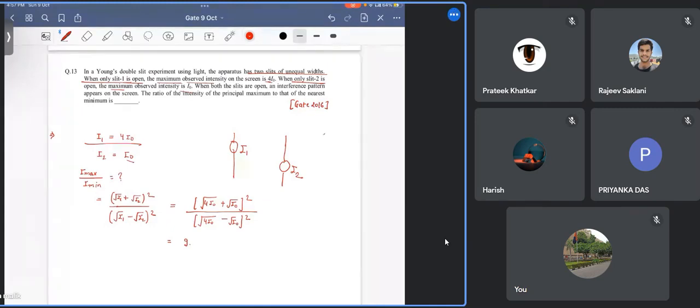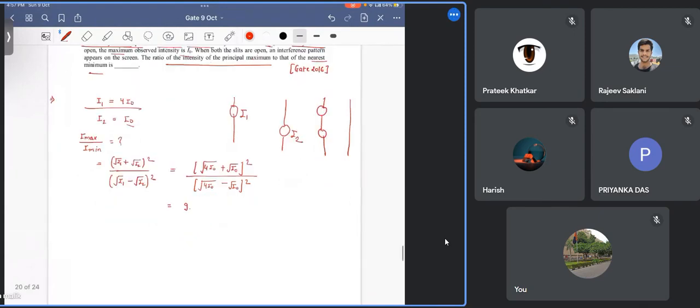When both the slits are open, an interference pattern is seen on a screen. What is the ratio of maximum intensity to the minimum intensity? I think you are familiar with this concept. Intensity in case of interference is I1 plus I2 plus twice the square root of I1 I2 cos delta.